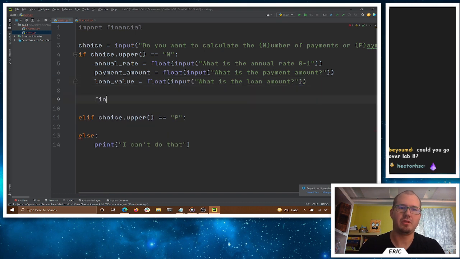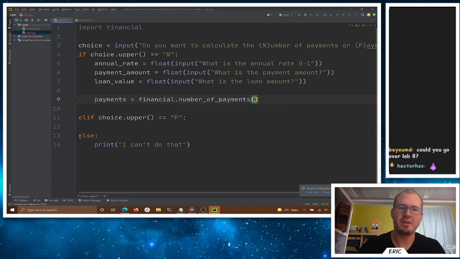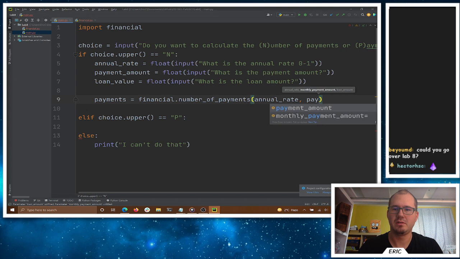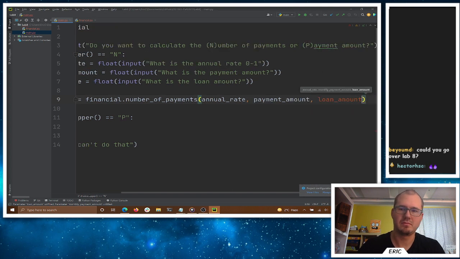And we'll calculate it. We'll call financial. This will be the number of payments. We'll just call payments, my financial module dot number of payments, given the annual rate, the payment amount, and the loan value. Loan value. Oh, it should have been loan amount.